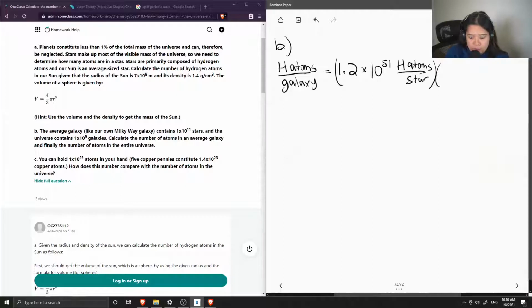So now I just need to multiply this by the number of stars in a galaxy. So we have 1 times 10 to the 11. And then this is going to be stars over galaxy.